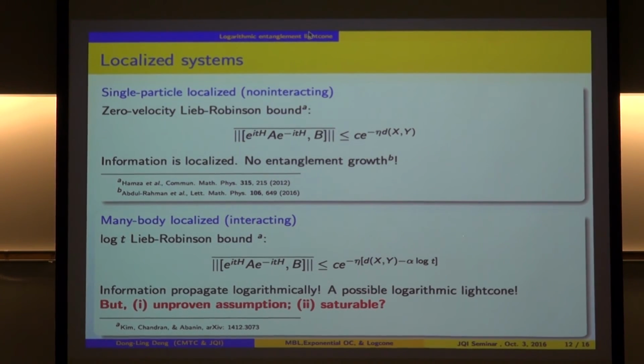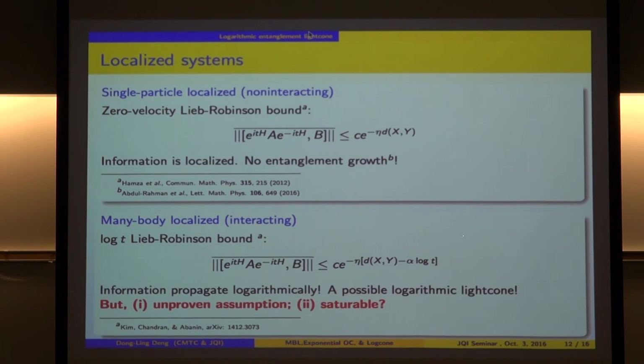However, in the many-body localized case, under some assumptions of local integrals of motion, people have derived that there is indeed a log t Lieb-Robinson bound, as shown here. As I said, C and eta are also some positive constant numbers, and this alpha is also some positive constant.